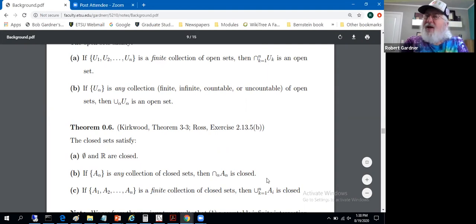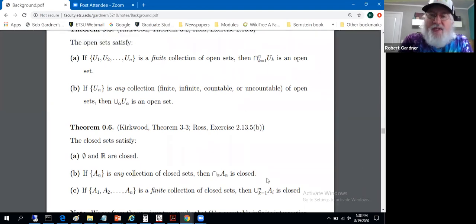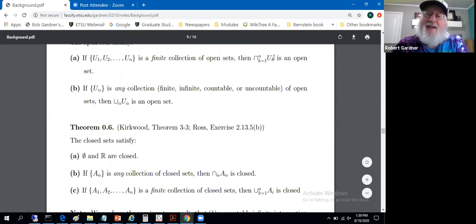Any idea why that might be? How are open sets and closed sets related? What was a closed set? A set whose complement is open. So if I want to use information about open sets and prove stuff about closed sets, I guess I'd use complements. Do you know how the complement procedure affects an intersection of sets?